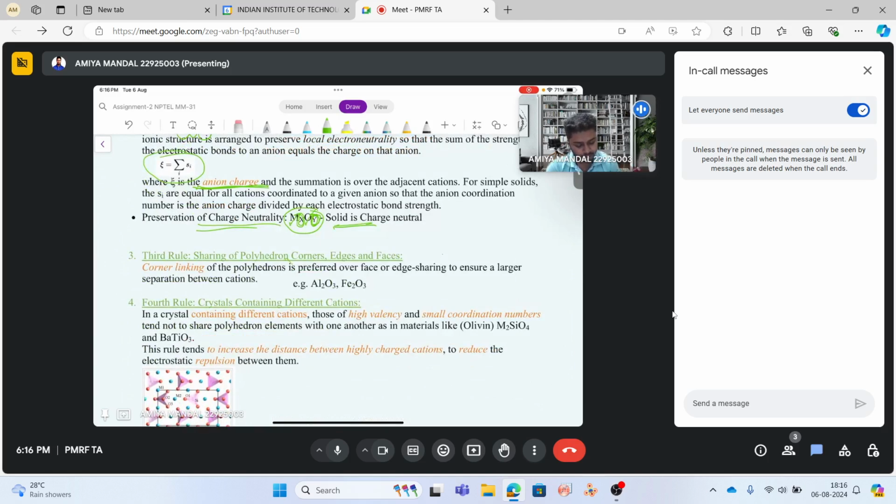Sharing of polyhedron corners, edges and faces. Corner linking of polyhedra is preferred over edge sharing, to ensure a larger separation between the atoms.